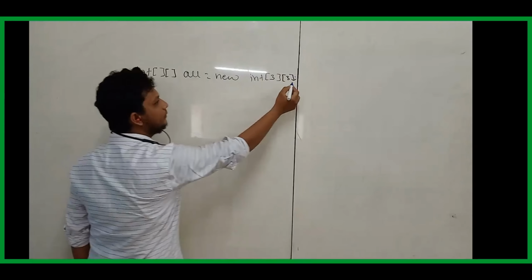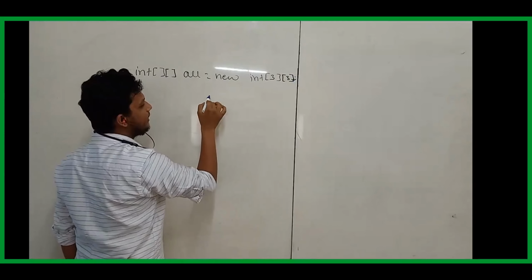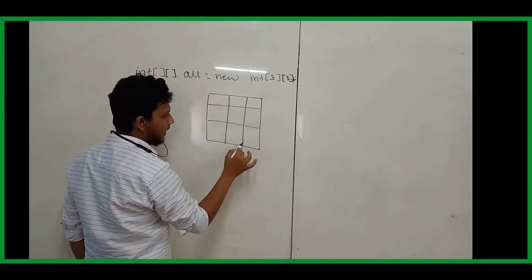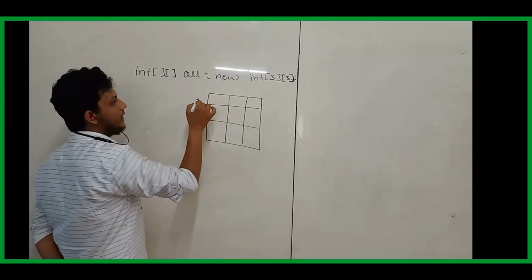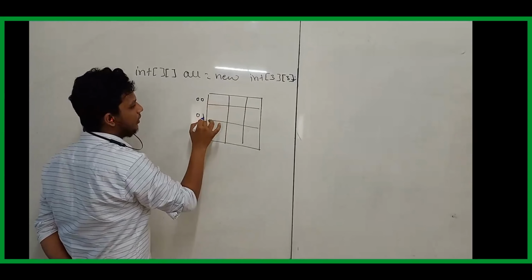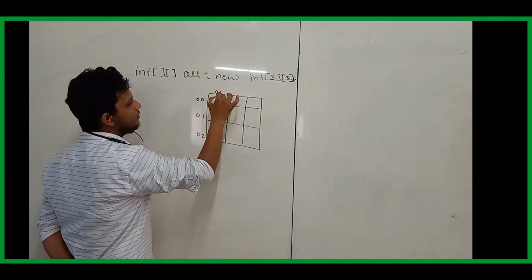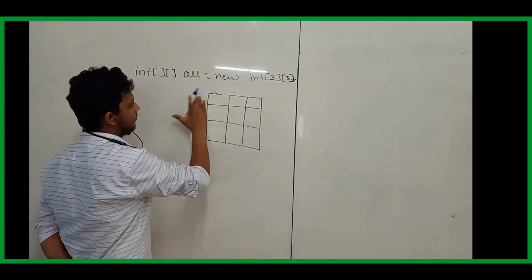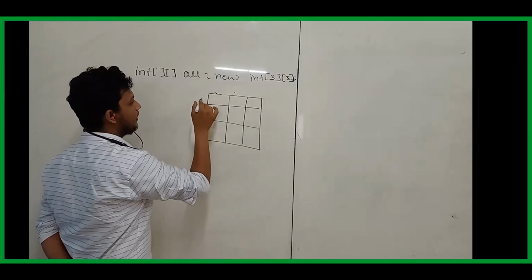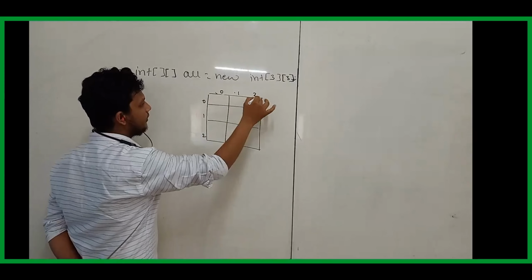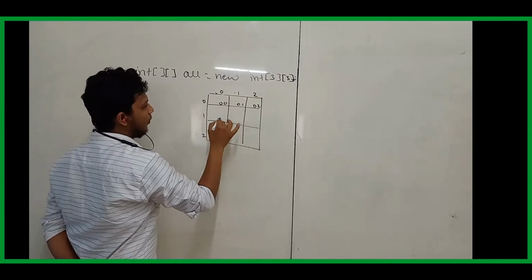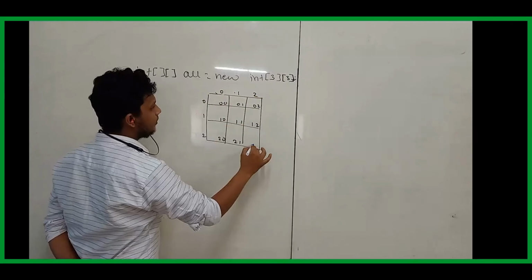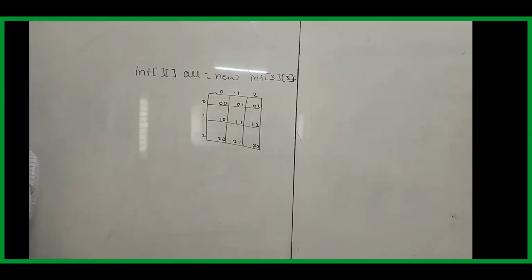Now if a 3 cross 3 matrix is required, I'll tell it in this format: 0, 1, and 2, and 0, 1, and 2, with cells 0,0; 0,1; 0,2; 1,0; 1,1; 1,2; 2,0; 2,1; and 2,2. This is how a matrix is going to be represented.